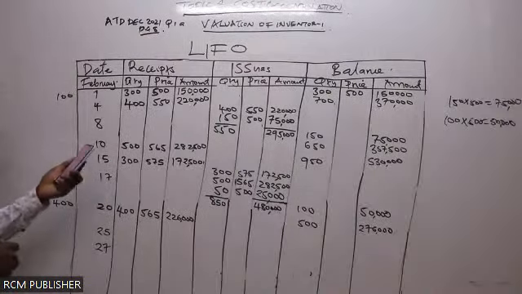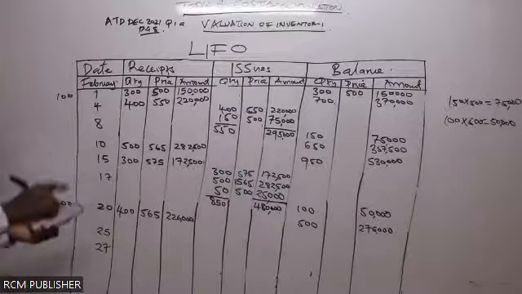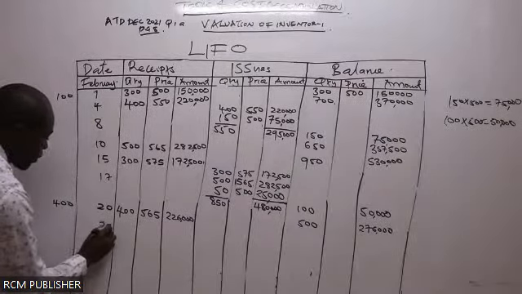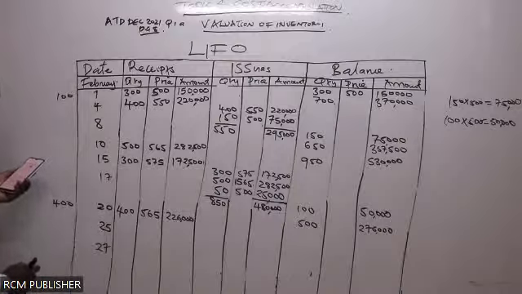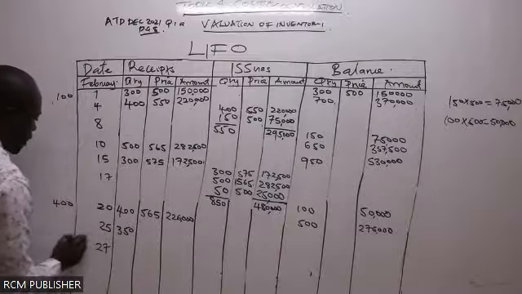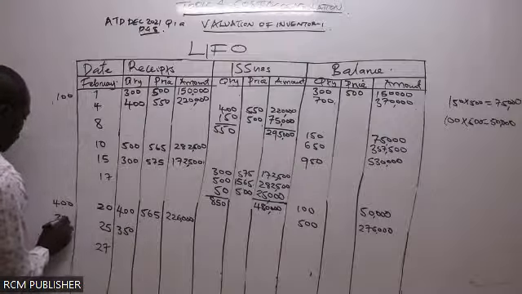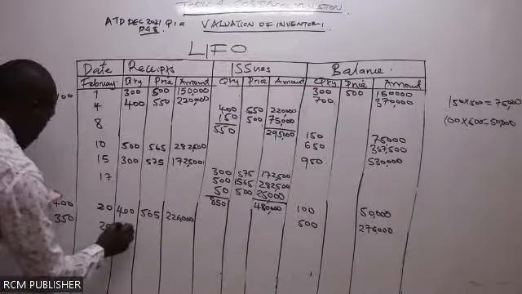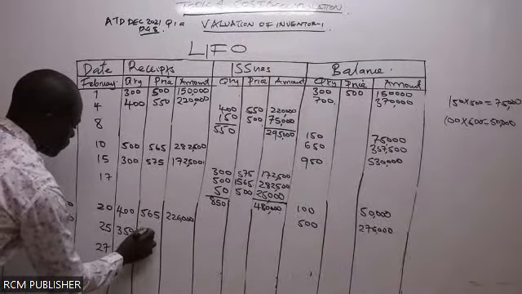Then I move to the next date, which is 25th. I received additional goods. So on 25th, I'm receiving another batch of 350. I indicate it there. At what price? At 550.